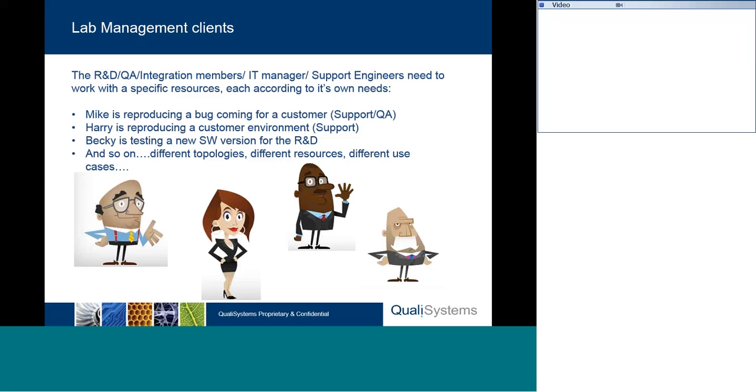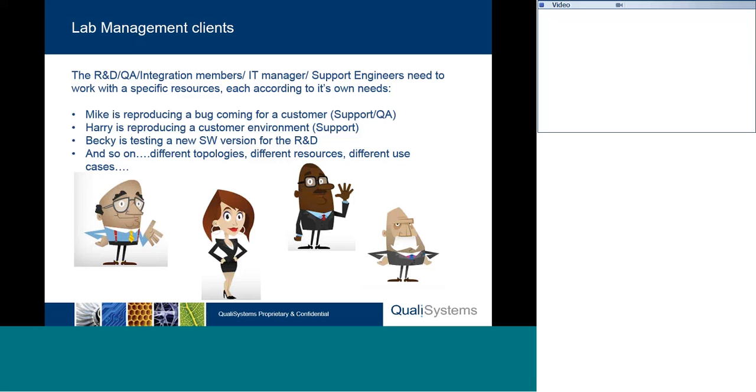So what are the typical needs that we could see coming from customers? You have different types of clients in the lab. For example, Mike is reproducing a bug which is coming from a customer, so it's like working in the support group or in the QA group.